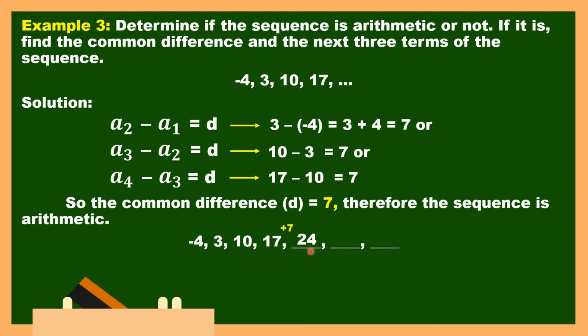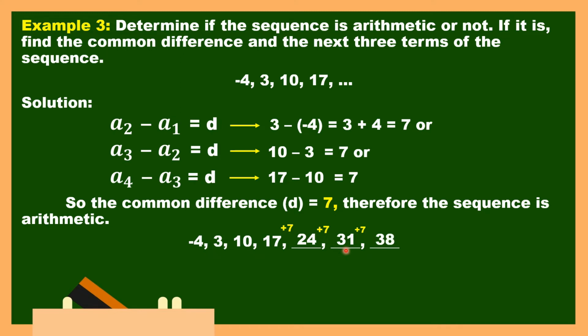Then, para makuha ang ikalawang unknown term, idadagdag natin ang panglimang term na 24 sa common difference. So, 24 plus 7 equals 31. Then, add again the common difference to the sixth term, which is 31. So, 31 plus 7 equals 38.